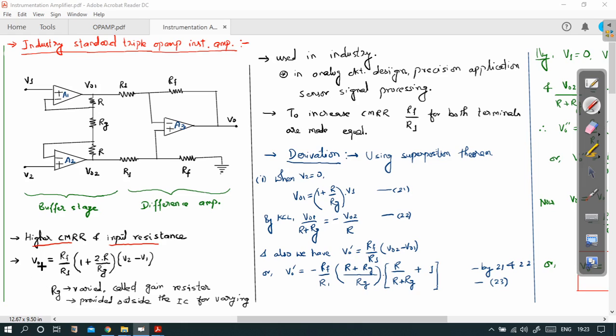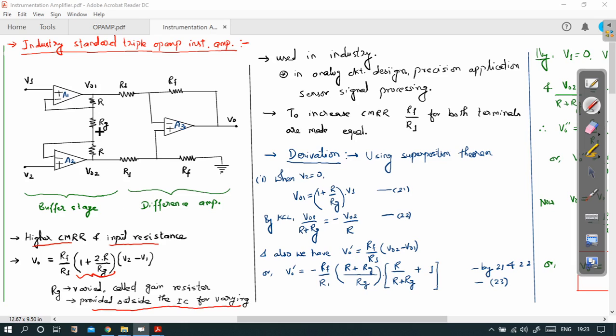The output voltage would be given by this equation, R by R1 into V2 minus V1, into one more factor. This factor has come extra here, 1 plus 2R by Rg, where this R and this R are the same, and Rg is also called the gain resistance that is connected in between these two R. This is called the gain resistor and is actually provided outside the IC for the user to change its value.